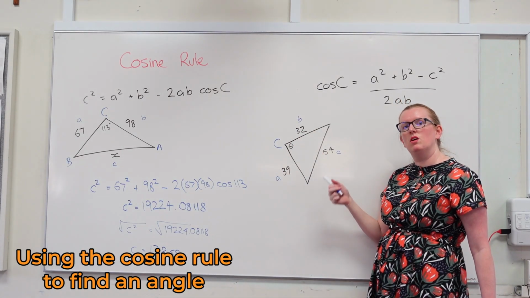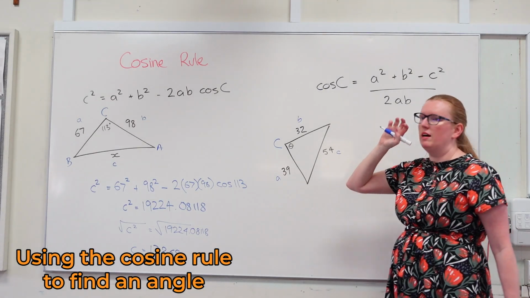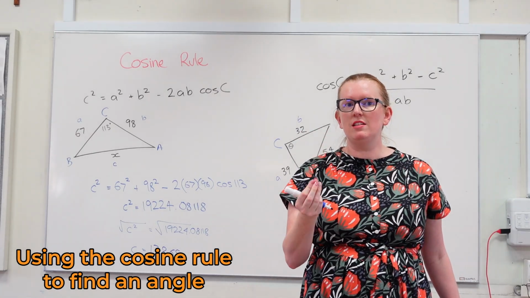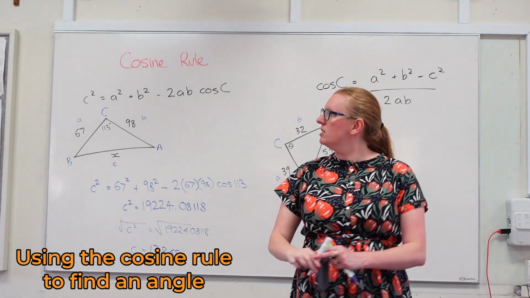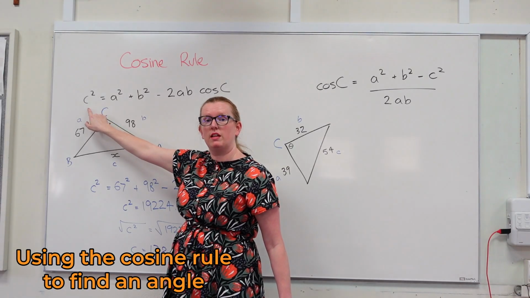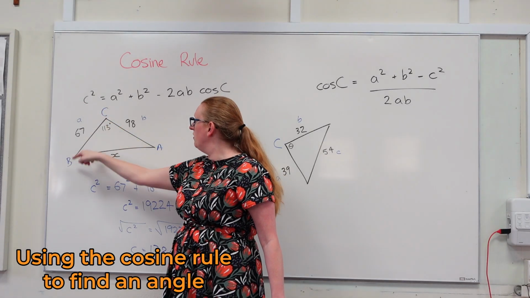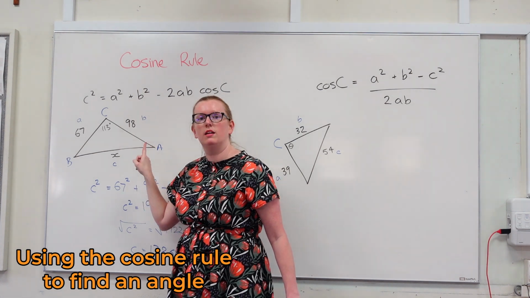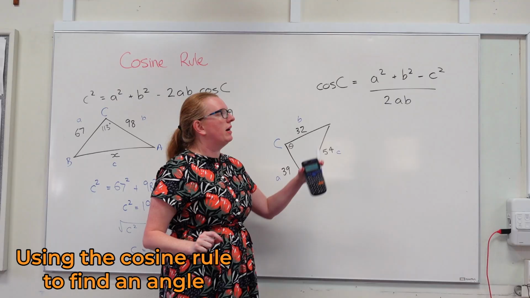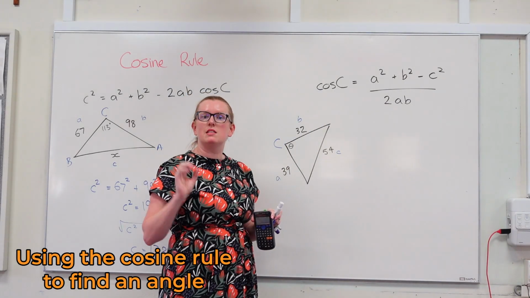Now I'm going to fill in this formula. The way you know which formula is which is whatever you're trying to find is the subject. Over here, I was trying to find little c, meaning I was trying to find the length of a side. Whereas here, I'm trying to find a missing angle. So that's why my capital C is the subject.